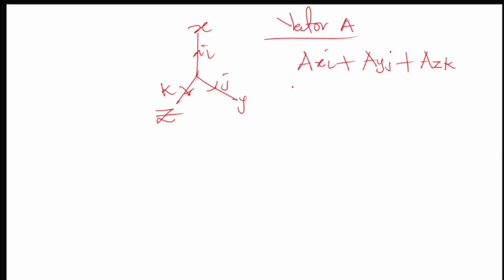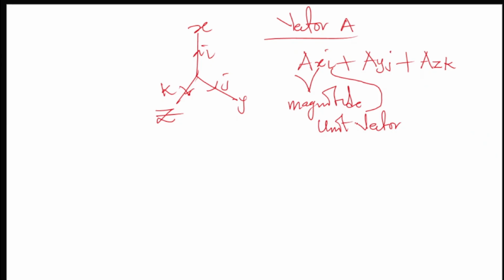Now, I said your AX here simply stands as your magnitude. So your AX is representing your magnitude, your AY is representing your magnitude, and your AZ is also representing your magnitude. Now, these small values we are seeing here are what we call unit vectors.